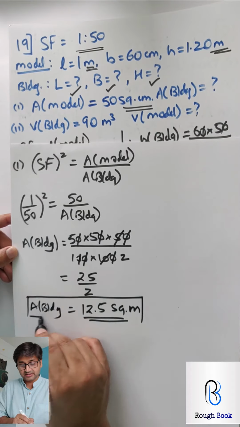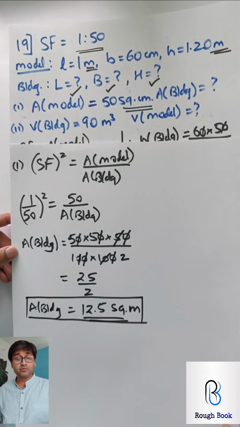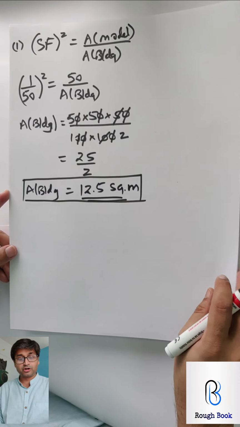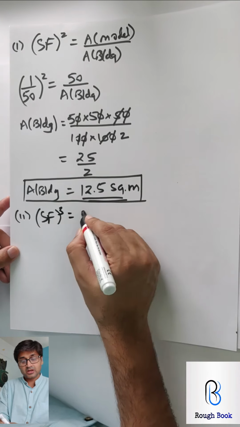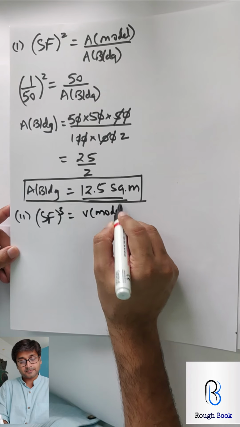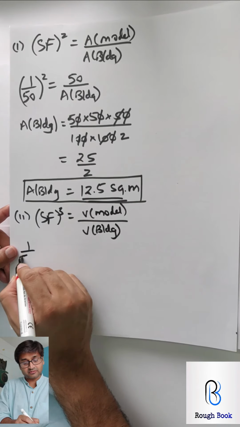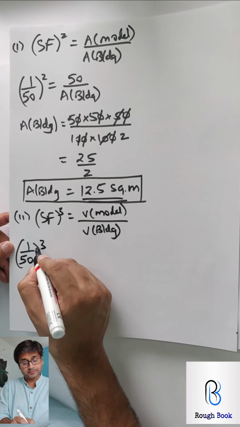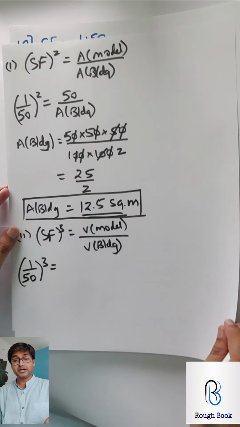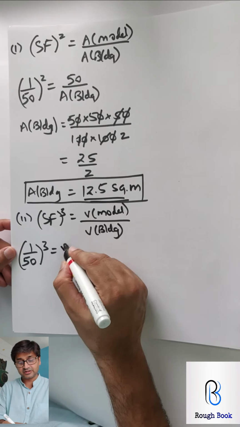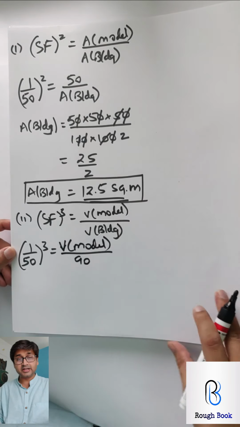How many got the same answer? Super. Now for the volume, the volume of the building is given to you. So if volume is asked, what are you going to do? Scale factor will get cubed. Volume of model upon volume of building. So scale factor 1/50, the whole cube. Volume of model, how much is that? Not known. Building is 90 and that too in meters. So volume of model is not known. Building is 90 meter.